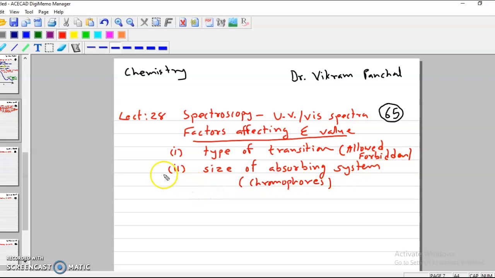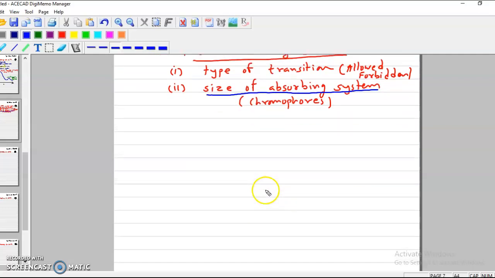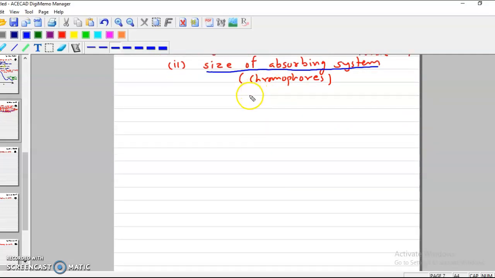Now, in this lecture I will explain the second factor, and that is the size of the absorbing system, that is chromophore. You know chromophore is a group because of which the absorption of UV visible radiations is possible.